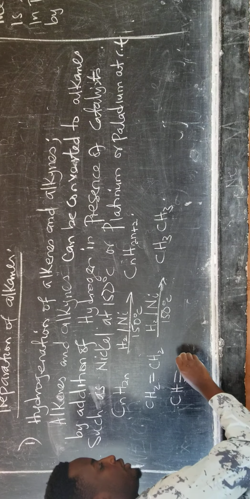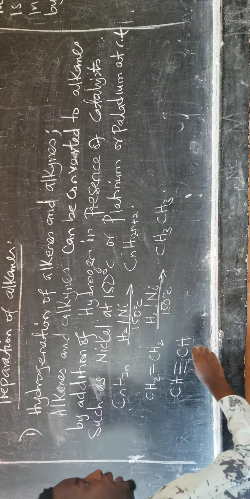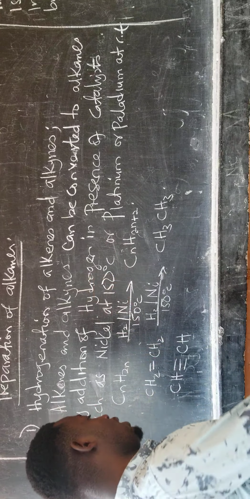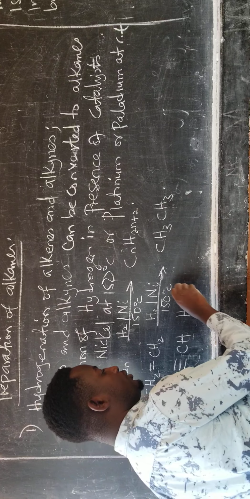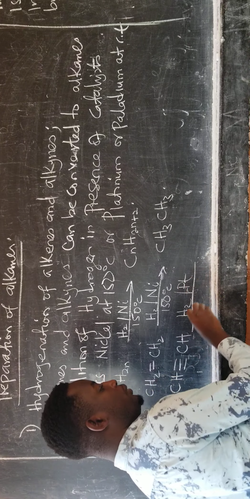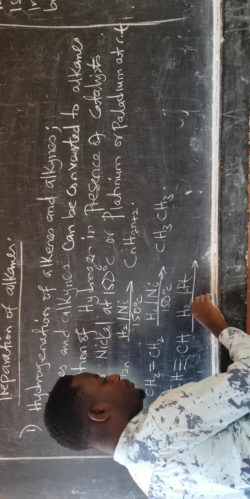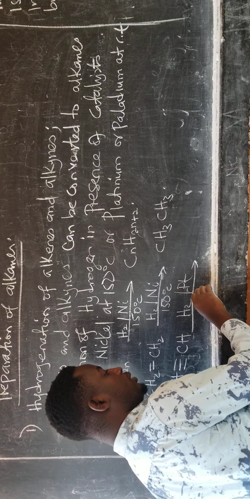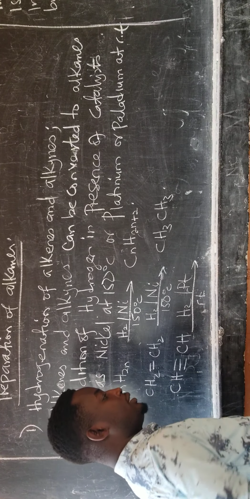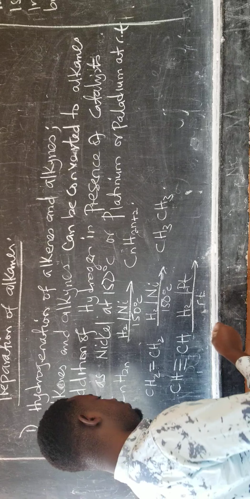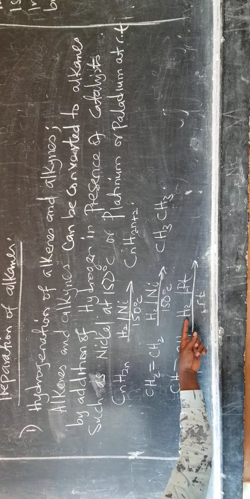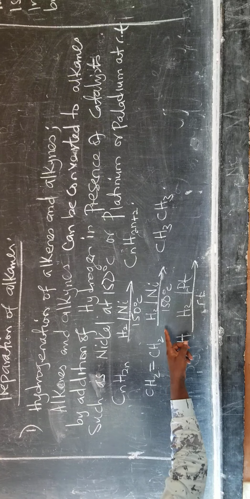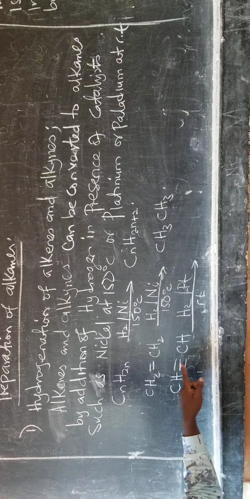If it's a triple bond, CH≡CH, in this case maybe I can choose to use platinum, but we have said when we use platinum, Pt, we are going to use room temperature. RT means room temperature. In that case, I need twice the number of hydrogen atoms as for alkenes, because now I have to replace 2 bonds.